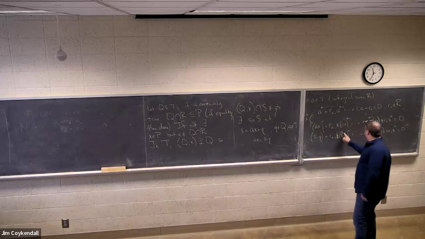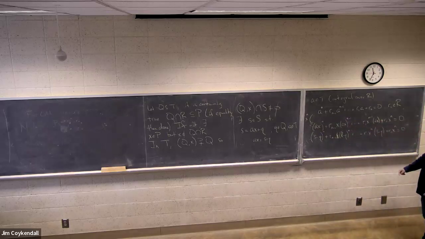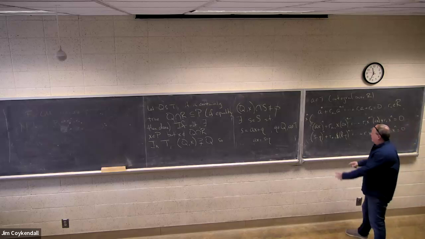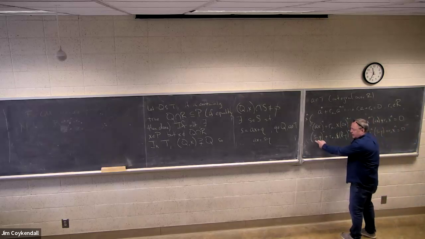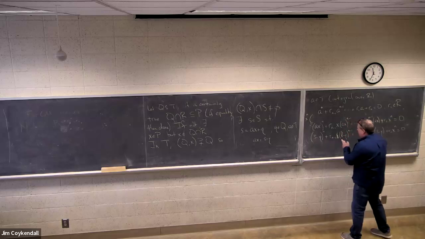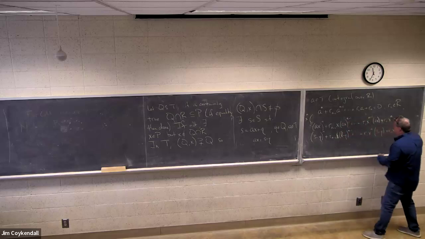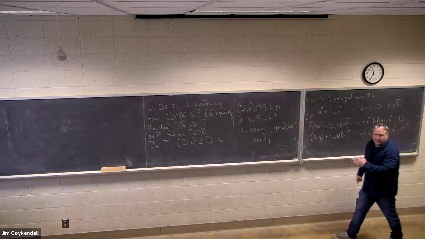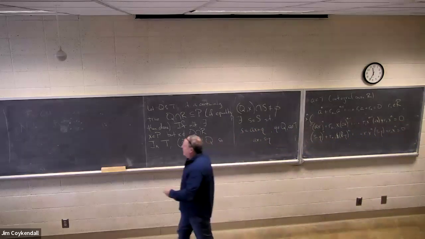Sorry, that's a typo. That one should be an S. I got the other correct, didn't I? I'm gonna be like a surgeon and I'm gonna remove the leading term, right? Leading term of this is S to the N. Leading term of this is S to the N minus one. Leading term of this has a factor of S in it. So I'm gonna rewrite this equation as follows.